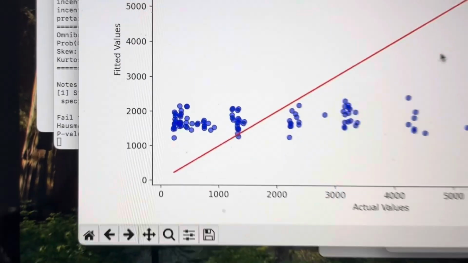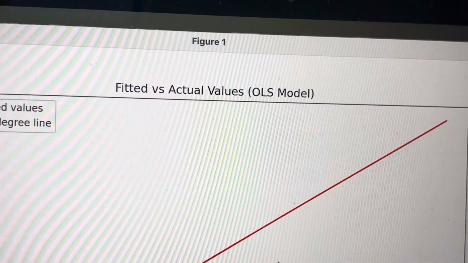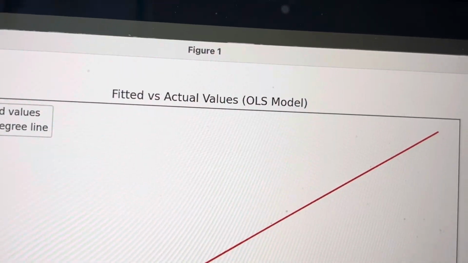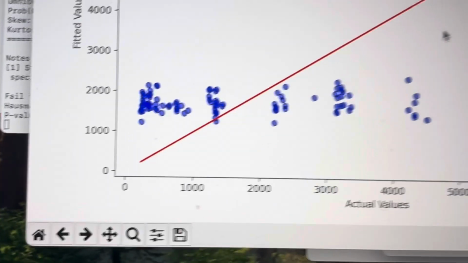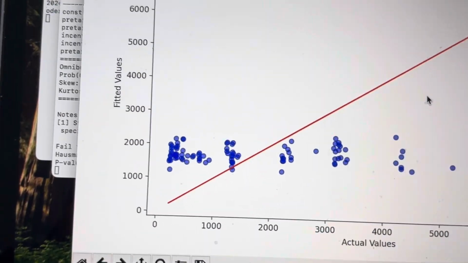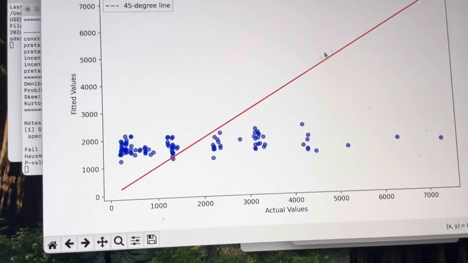This is another plot, and this one is simply saying fitted versus actual values. The actual values are in the blue, but the fitted one is the one that is in red. And that's it.